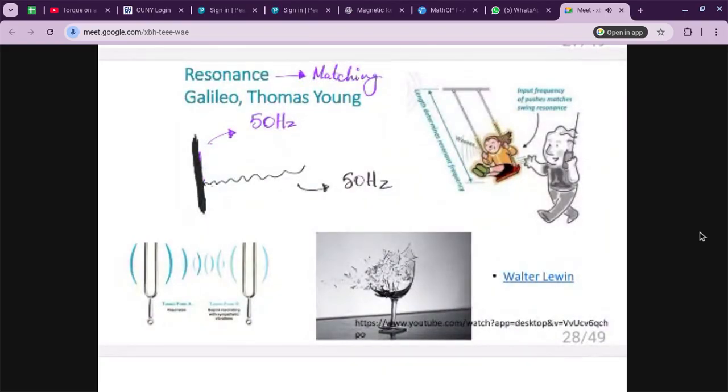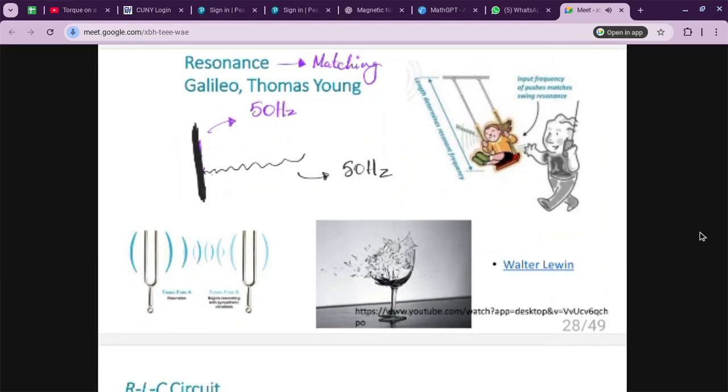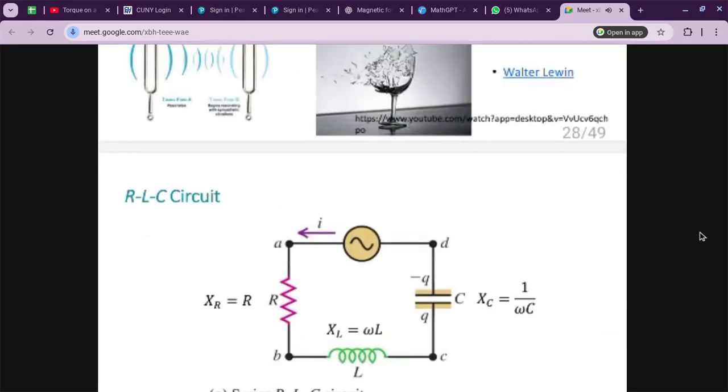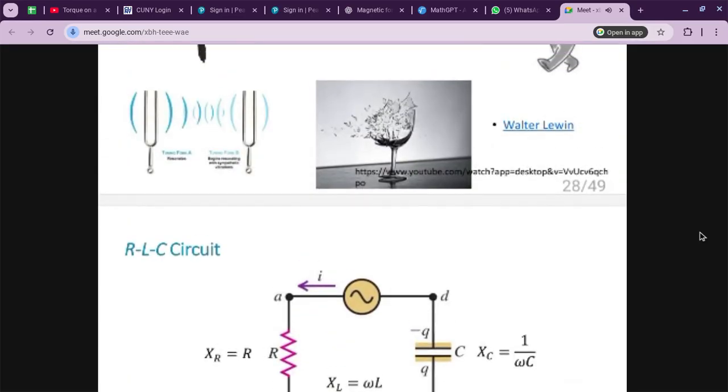That's why glass usually breaks when a loud sound is sounding in the environment, because everything has its own specific frequency. If you match that frequency, that particular object will be crushed.